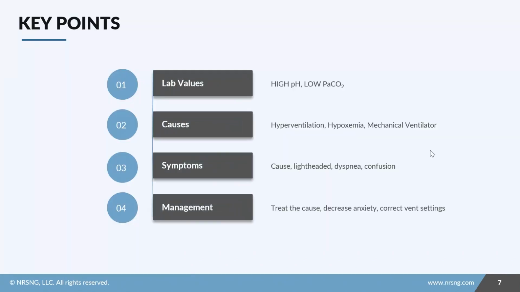So remember that lab values for respiratory alkalosis are a high pH and a low PaCO2. It's most commonly caused by some form of hyperventilation for one reason or another, including anxiety, fear, could be compensation for hypoxemia or even metabolic acidosis, or mechanical ventilator settings could just be inappropriate.